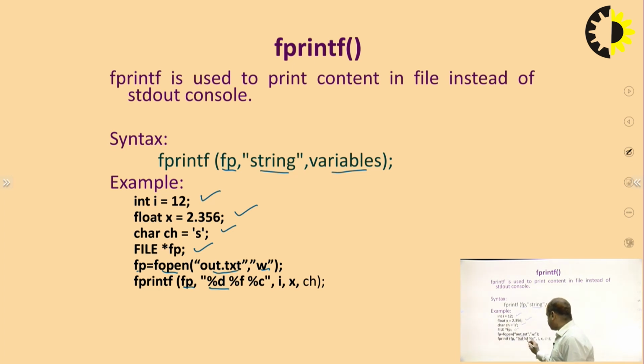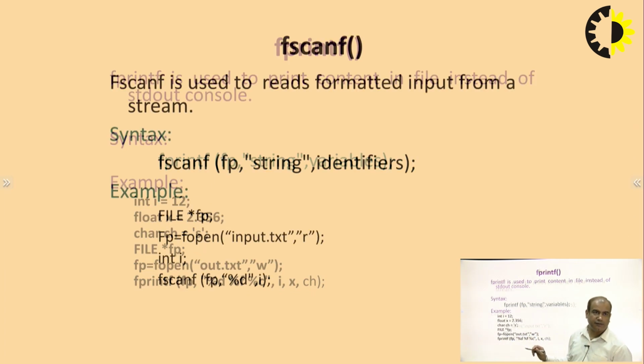Second is our float, we have to define it with the float %f string. Next is the character, we have to define it with %c. So we have to define their variable names i, x and ch. All these values will be stored in our file. As defined here, we have to use either a string or a variable to store that variable in the file.